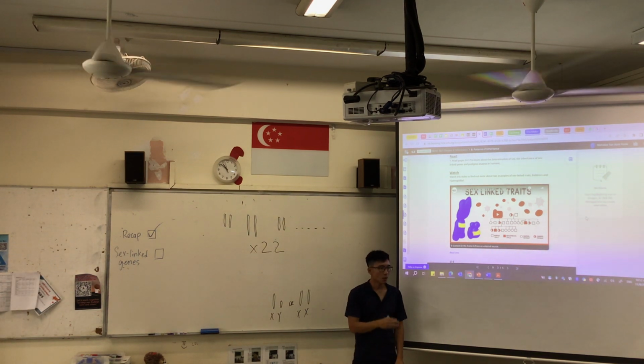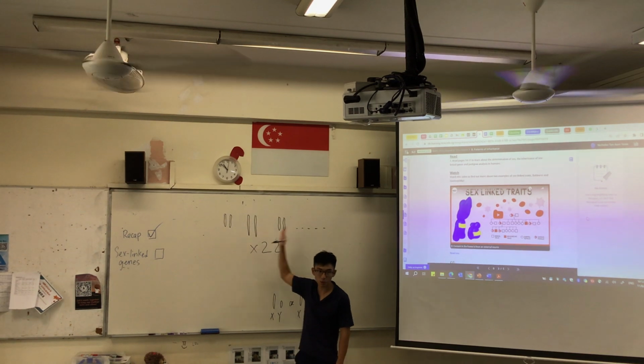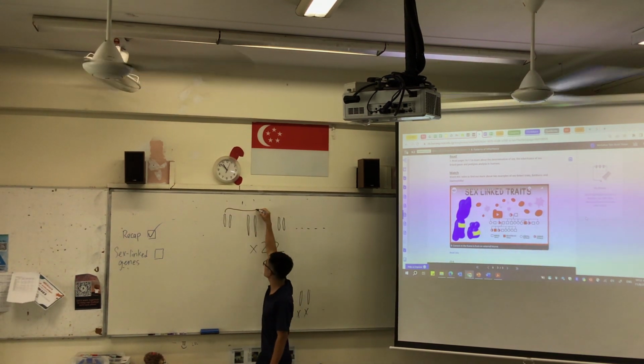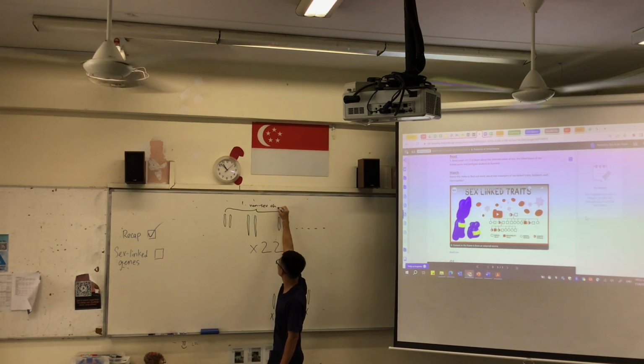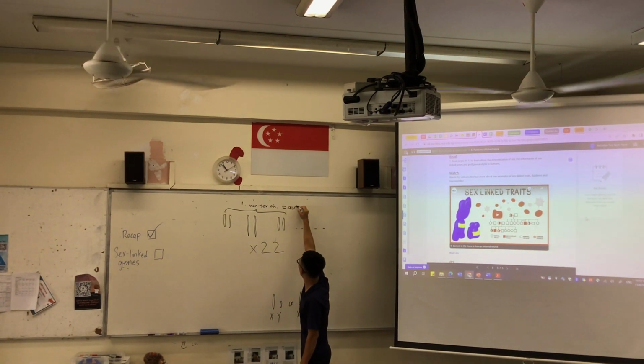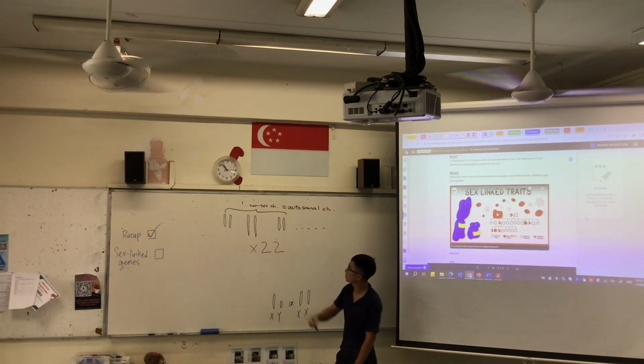So far, all of the alleles we've been working with are found on these chromosomes. We call these non-sex chromosomes autosomal chromosomes.